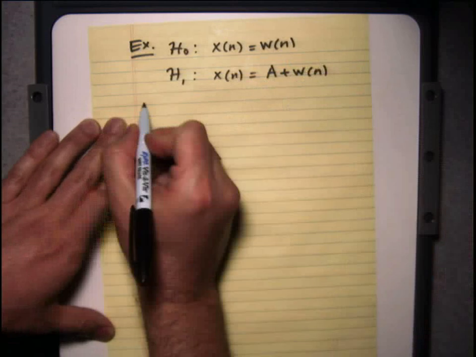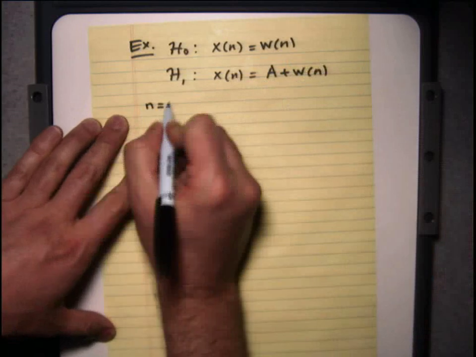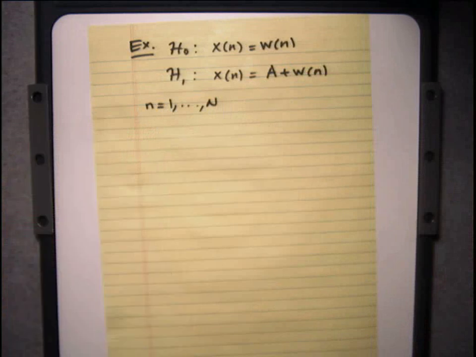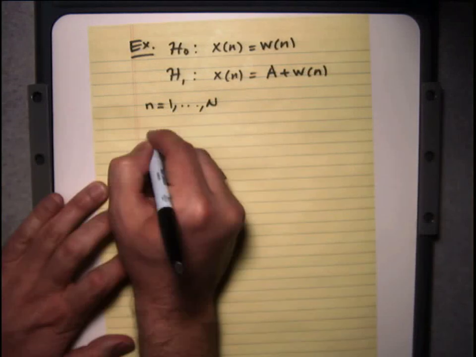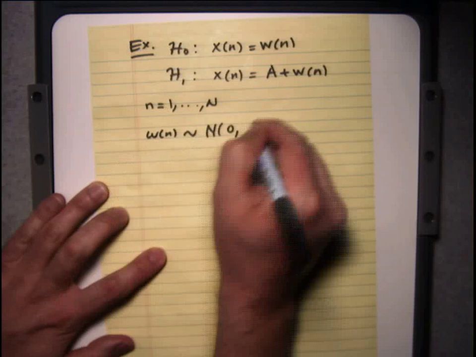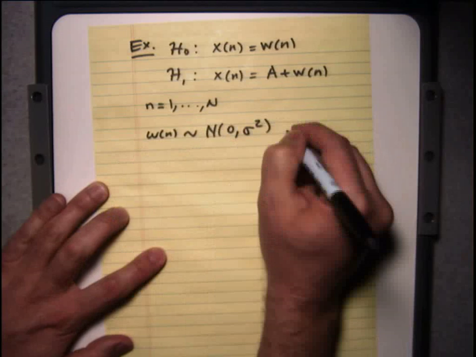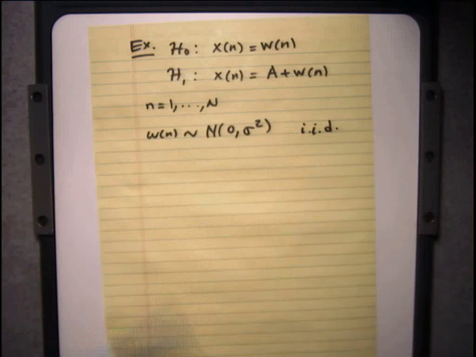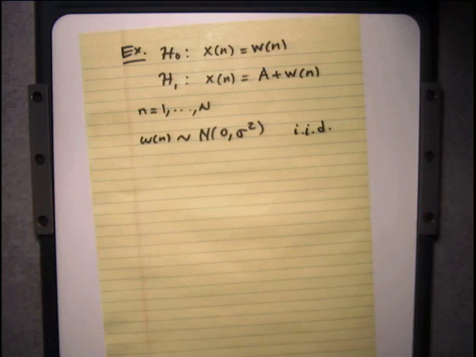And here are the conditions. n goes from 1 to capital N, so I have capital N data points. The noise is Gaussian with zero mean and variance sigma squared, and it is independent identically distributed. In other words, the samples of w[n] are independent of each other from one n to the next.